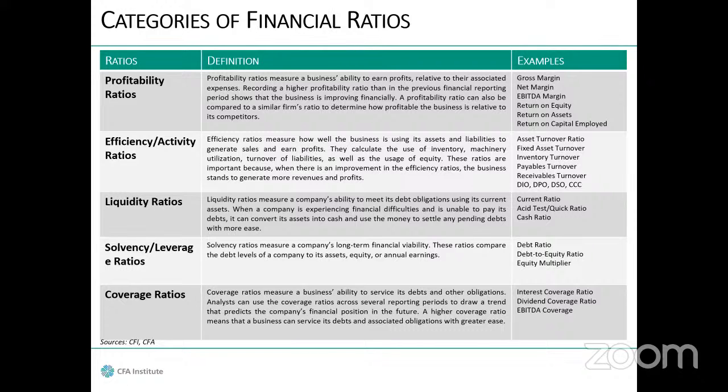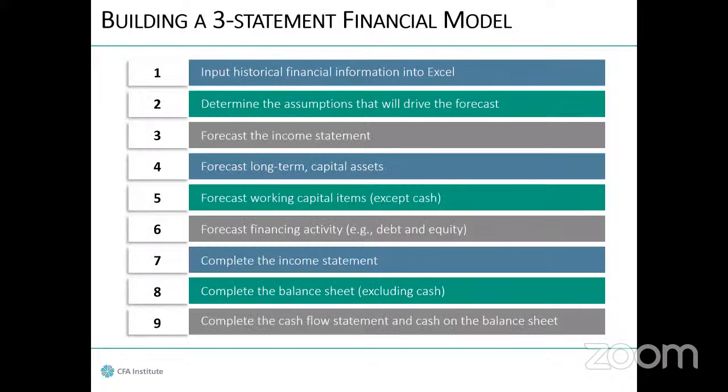I think we are doing fairly okay on time. We still have one more segment that I want to explain: preparing a three-statement financial model, because I think that falls within the bandwidth of the curriculum I was given to address in this class.